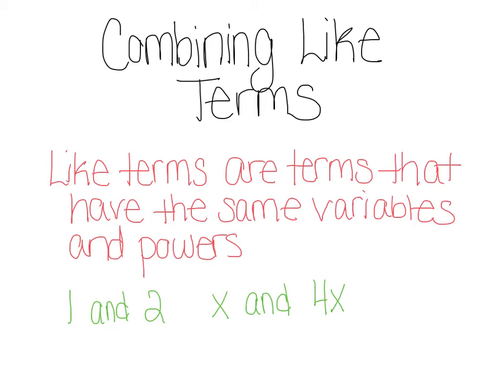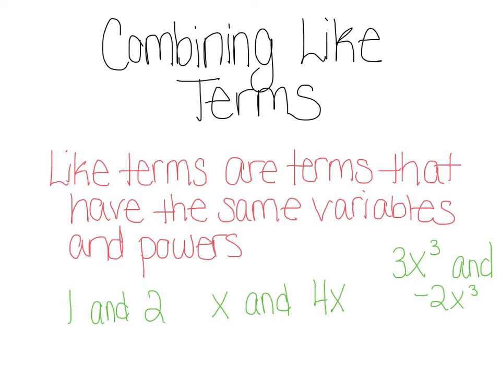Another example would be 3x to the third and negative 2x to the third. They have the same variables with the same powers, and it's okay that they don't have the same coefficients.